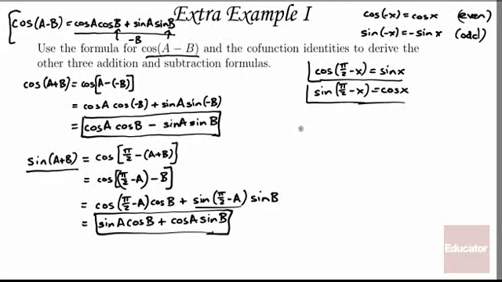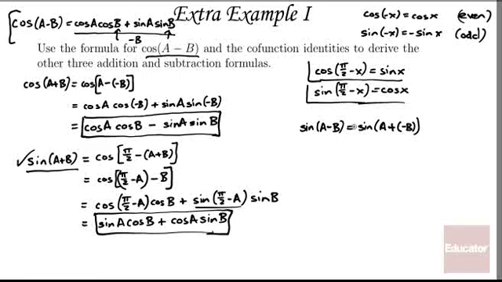And finally, sine of A minus B, we're going to do the same trick that we did for cosine of A plus B. We'll write this as sine, instead of writing it as a subtraction, we'll think of it as adding a negative. So this is sine of A plus negative B. And the point of that is that we can then invoke this sine formula that we just proved.